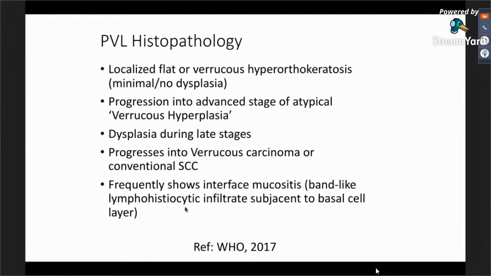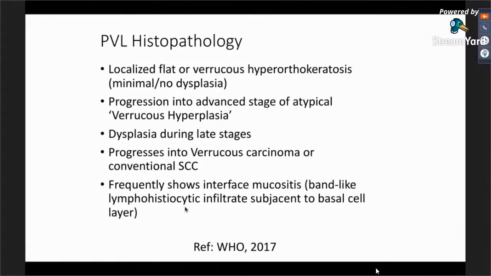You frequently see interface mucositis, which is a band-like lymphocytic infiltrate subjacent to the basal cell layer. So basically, proliferative verrucous leukoplakia can be a little confusing in how do we really diagnose that? Are we sure that we are diagnosing proliferative verrucous leukoplakia?